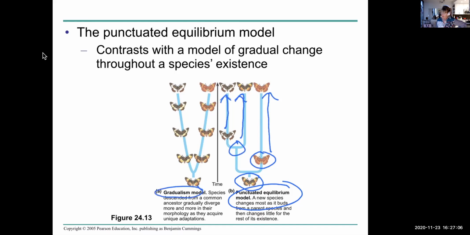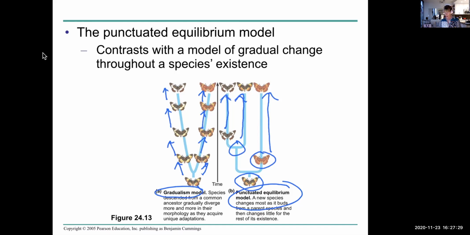The gradualism model just postulates that there will be gradual change, that these isolated populations will go through some allele frequency changes from one generation to the next, and they will accumulate very gradually.